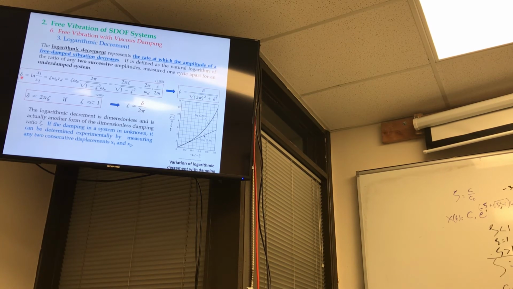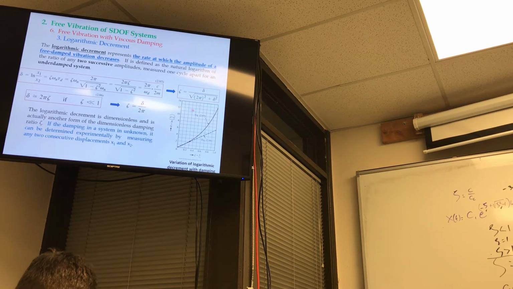So what's the use of it? If you do the math, you find that it's equal to zeta times omega n times tau d, which is the period of the damped vibration.